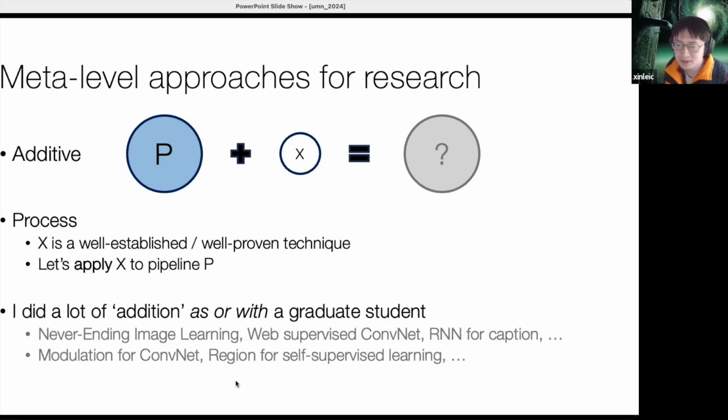And personally, I have done a lot of additive research as a graduate student. So for example, never-ending image learning, that's never-ending learning plus image. Web supervised ConvNet, that's ConvNet with some web supervision, and so on and so forth.